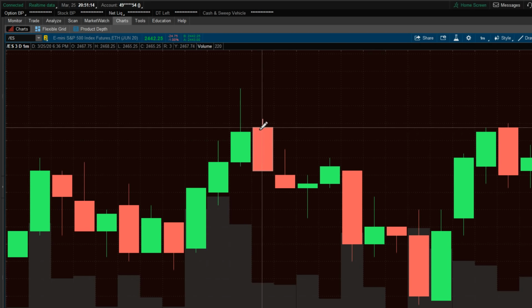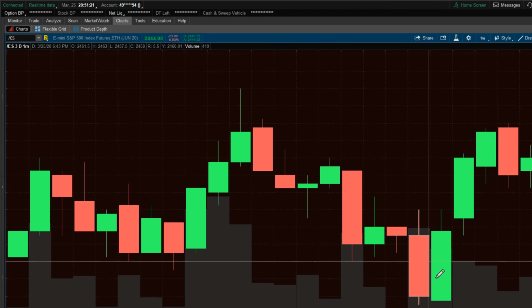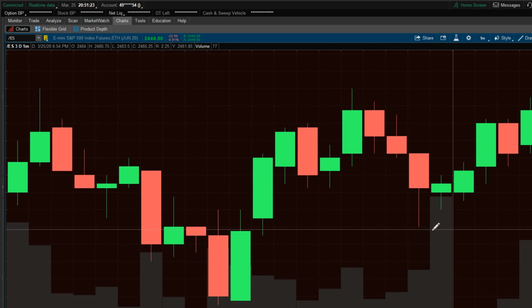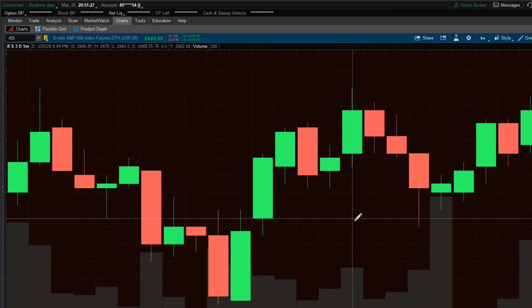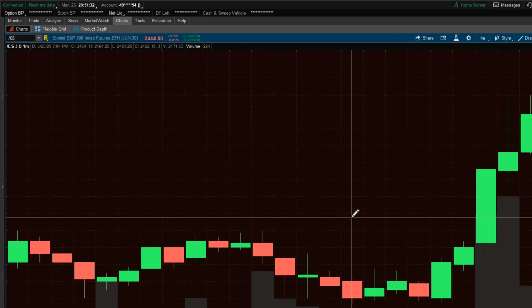Here's one here. Opened above, engulfed, down you go. Here's another one. Alright, so that's engulfing. Next one is piercing, a piercing reversal. This one is a little bit harder to find, so let me see if I can find the piercing.